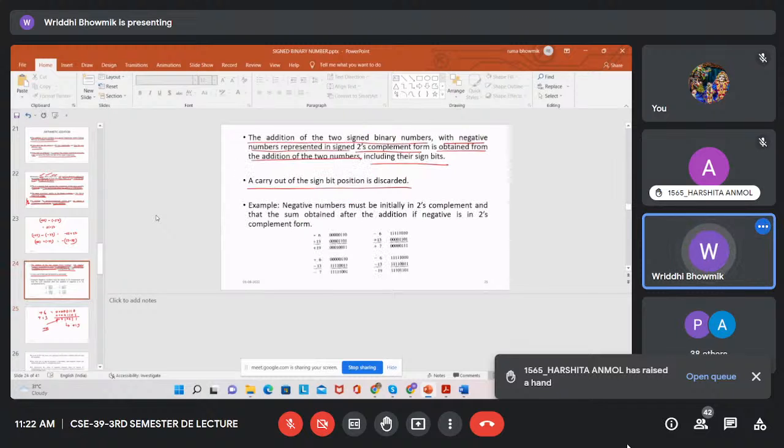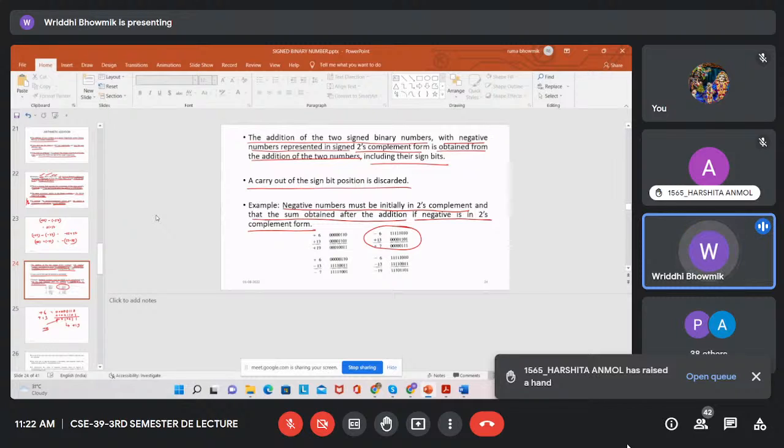Now after that, -6 plus 13. You see, negative numbers must initially be in 2's complement form, and the sum obtained after the addition, if negative, is in the 2's complement form. What does that mean? Here you have -6 and +13.